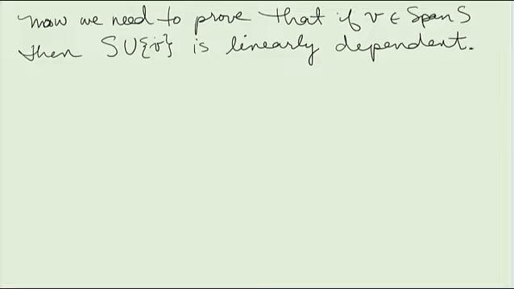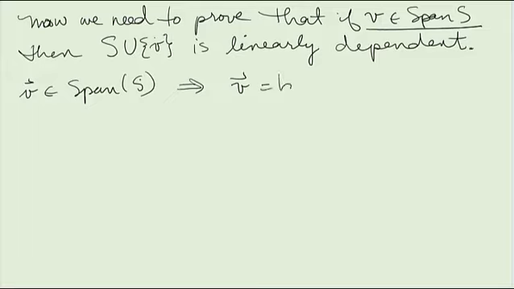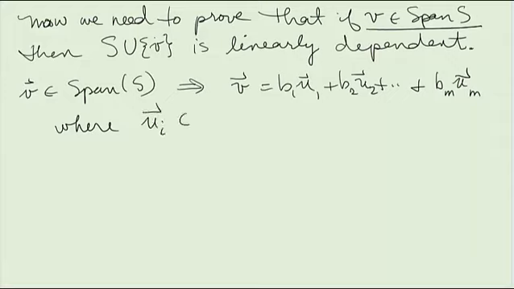So we're assuming that v is in the span of S. Then v is equal to b1 u1 plus b2 u2 plus some finite number of them, let's say m, bm um, where the u_i's are vectors in S, and the b_i's are, of course, scalars from the field over the vector space.